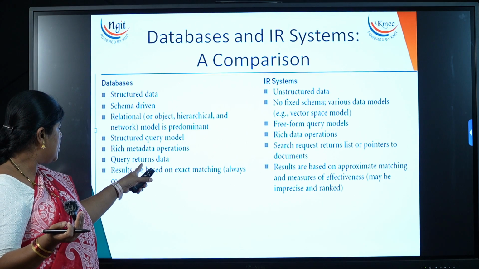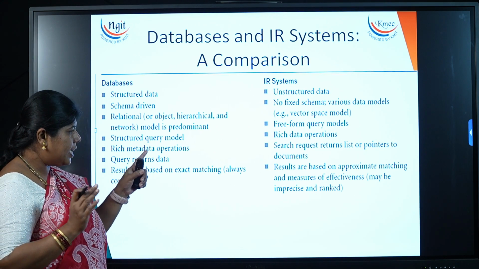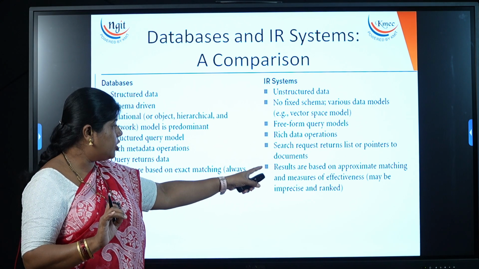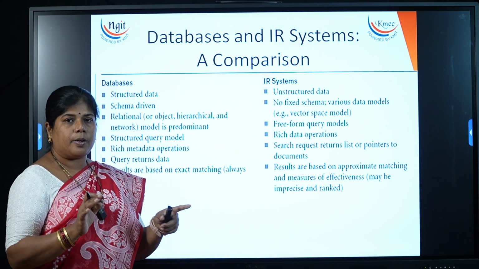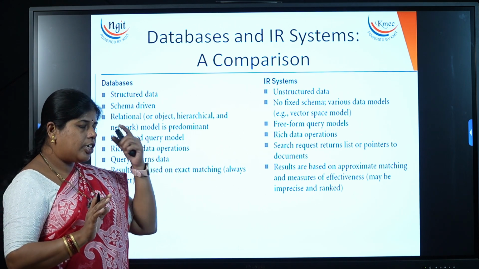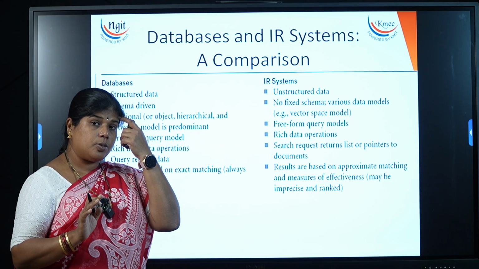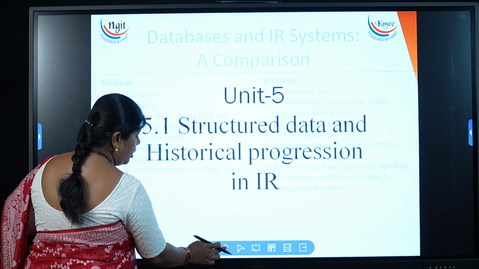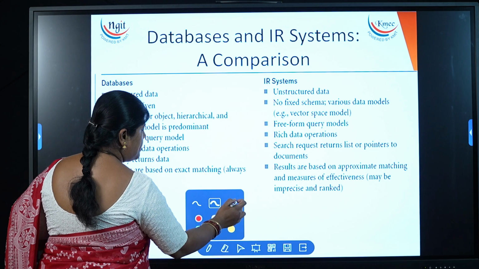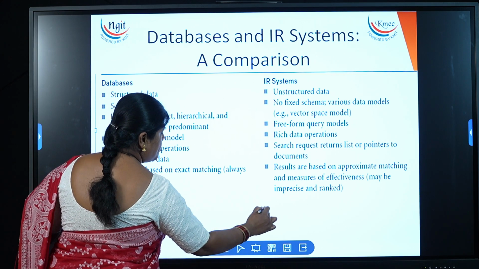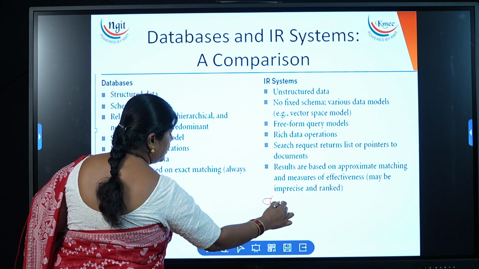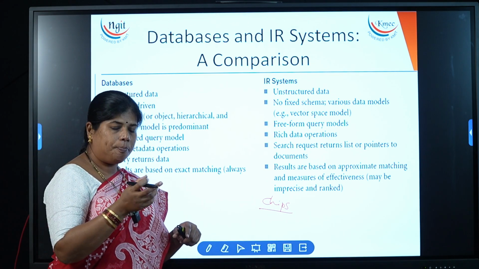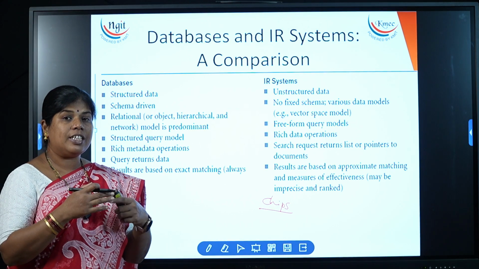Then the next one is what? In a database, results are based on exact matching, but here results are not based on exact matching. Results are based on approximate matching. Means generally what we have seen is when I am searching for chips, then you know that chips means what? Yeah, it is causing ambiguity.